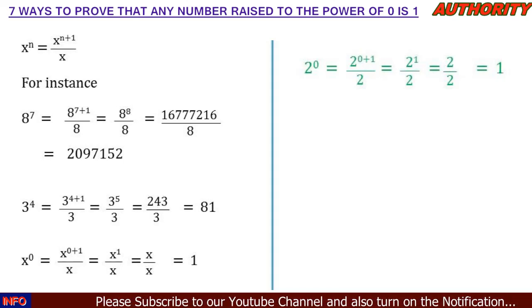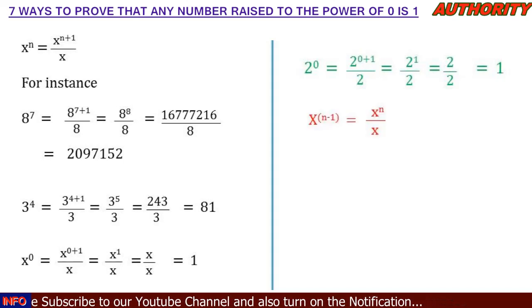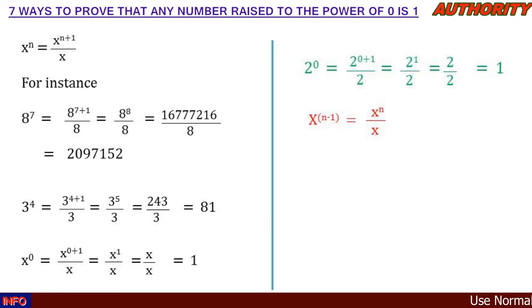Now let me also show you the inverse of this formula that I just gave you. We have x raised to power n minus 1 is the same as x raised to power n all over x. Is that true? Please pay attention. Now, what if the n is 1?